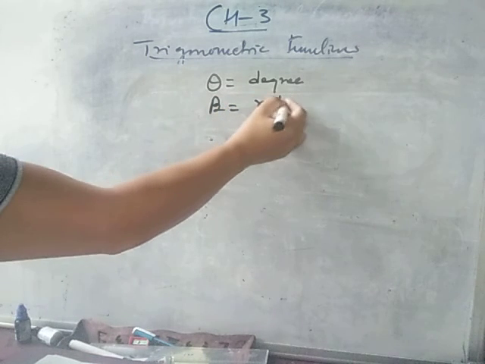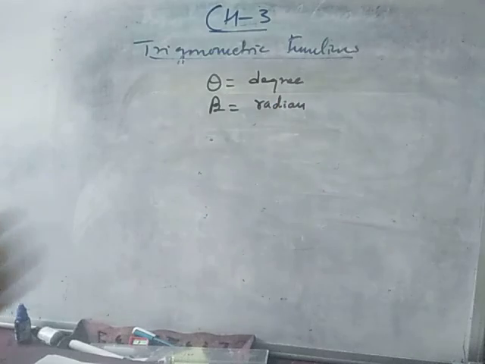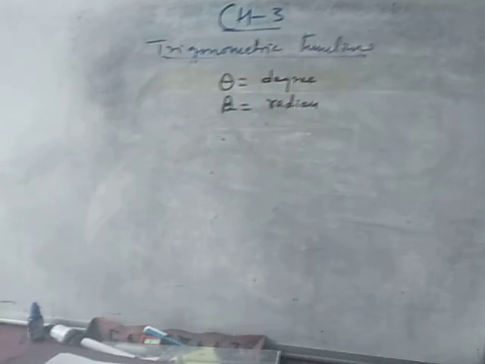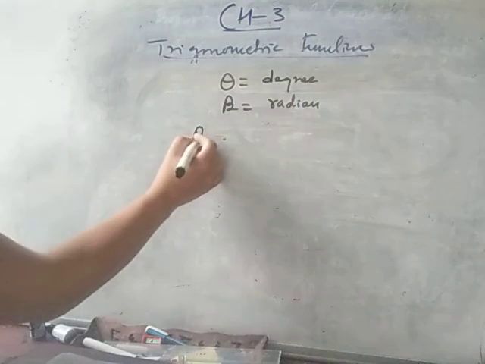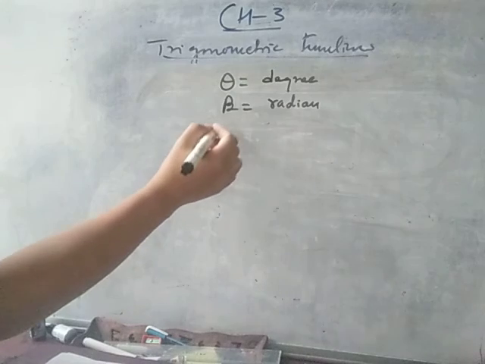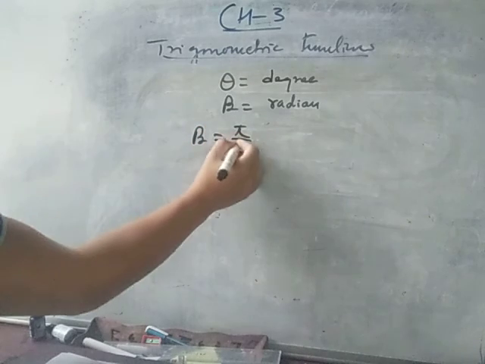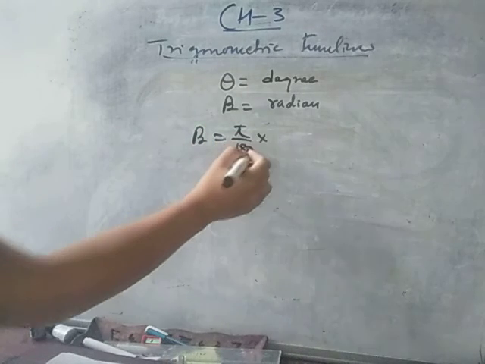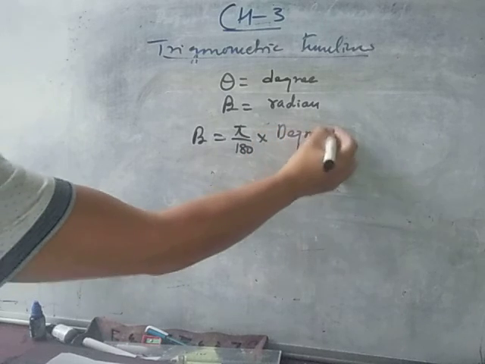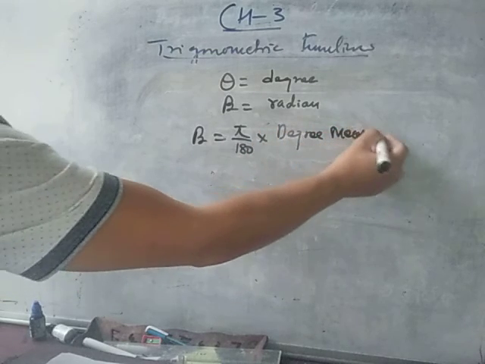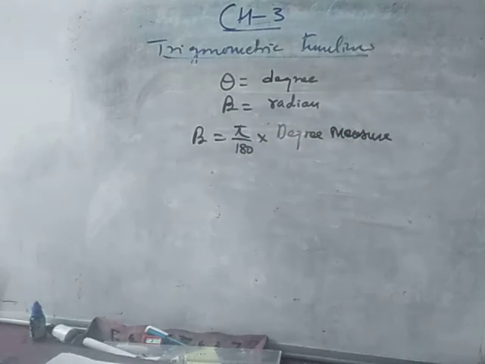Okay, for convention. Okay, sign convention भन्ने पढेको थिएन. This is your notation convention. Okay, so radian measure, that is your beta, equals to how much? Pi by 180 into degree measure. So this is your radian measure.